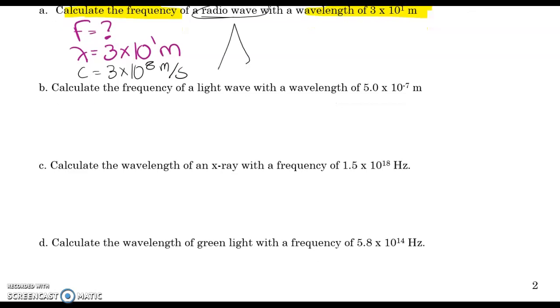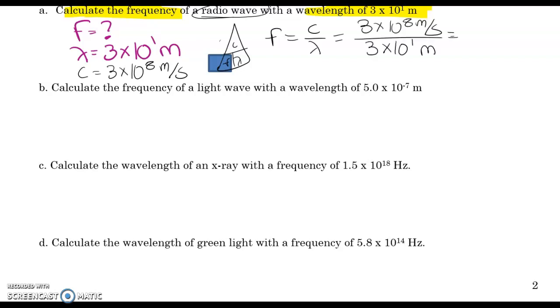And then I can use my triangle. So I have c, f, and lambda. When I cover up f, I see that my equation is f equals c divided by lambda. I can substitute numbers into that equation, and when I punch that into a calculator, I get 1 times 10 to the 7.